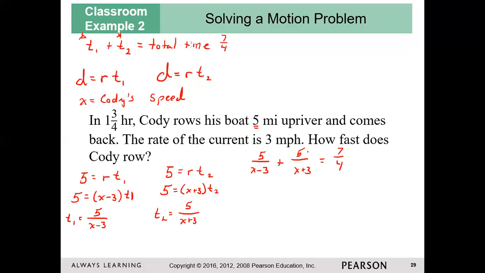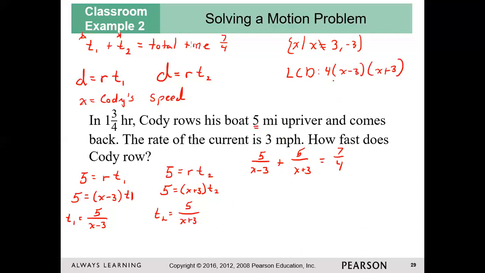And now we have something very similar to what we saw before, which is to solve these equations for x. So we should do that by saying x such that x cannot be equal to 3 or negative 3. And the LCD between these denominators is 4 times x minus 3 times x plus 3.